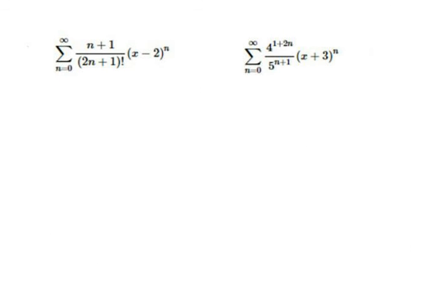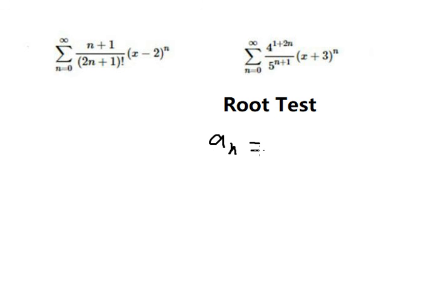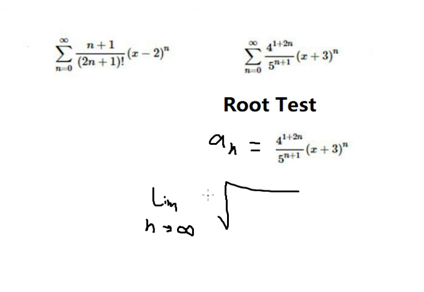Now let's go to the next one. I will use the root test, and I will put a_n equals to this one in here. So we put inside the limit, and n approaches positive infinity, and we have the n-th root, and we have a_n.